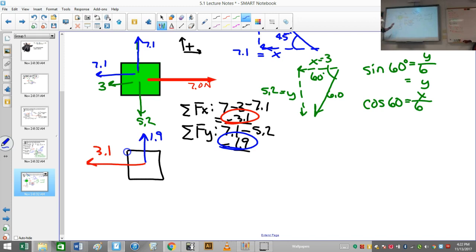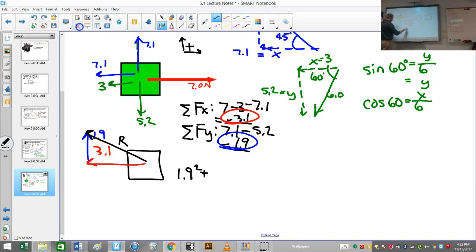Now, a lot of people make a mistake right here. What they do is they connect those things. That is bad. Do not do that. It's being pulled up and to the left. So you have to add your vectors tip to tail, so you're being pulled up and to the left. There's my resultant.